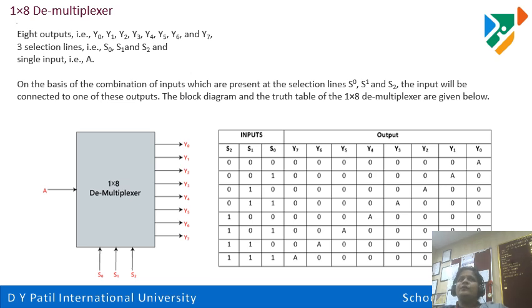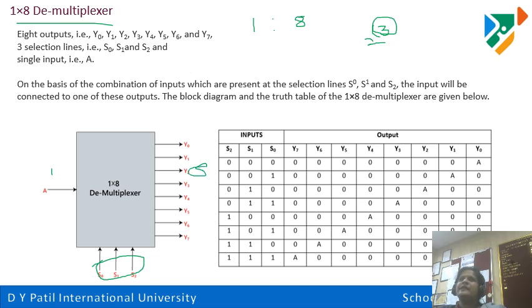If you move on to the 1:8 demultiplexer, the difference is it is 1 input and 8 outputs. So when will we get an 8? 2 raised to the power 3 is 8. So how many select lines should it have? It should have 3 select lines. 1 input, 8 outputs. Now we can easily form the truth table.